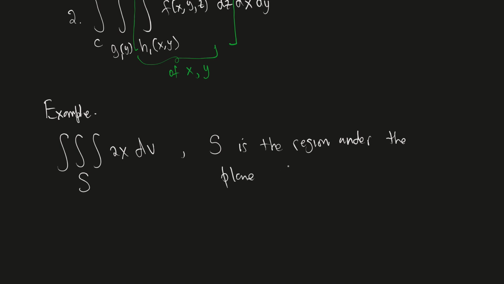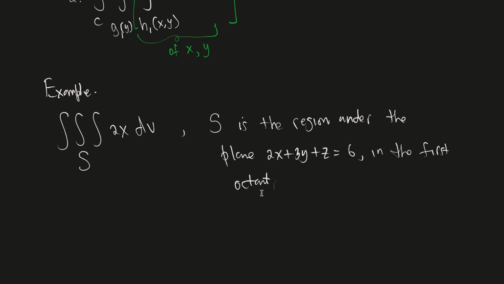So let me give you the equation of the plane. Let's say it is 2x plus 3y plus z equals 6, and then I would say in the first octant.